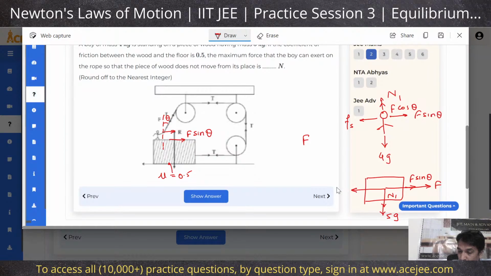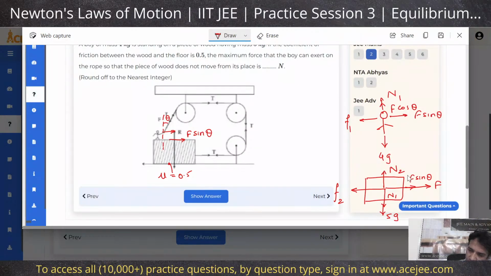The frictional force on this one is F2. Let me just write F1 and F2. If we remove this F here, this is F2, and that's it. I think we have covered all the forces, and of course there is N2, the reaction force from the ground onto the block.